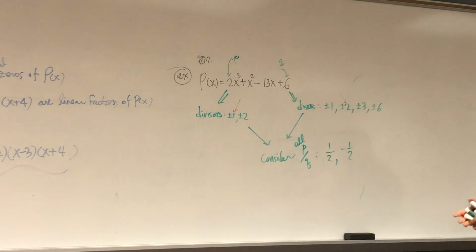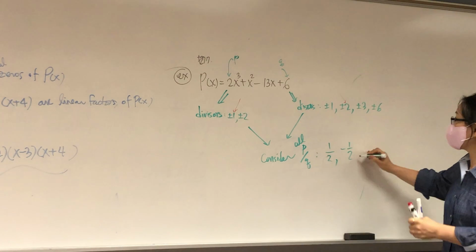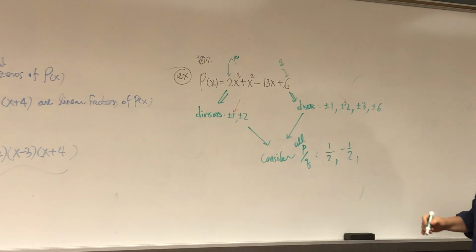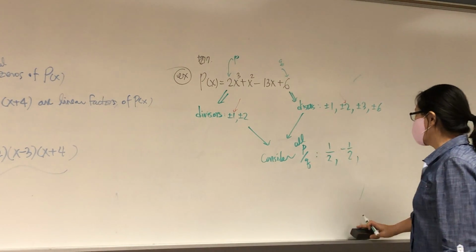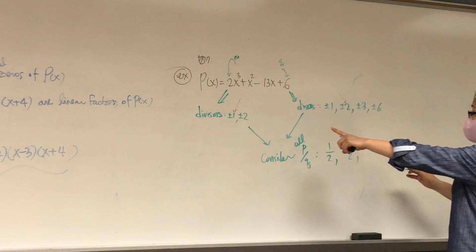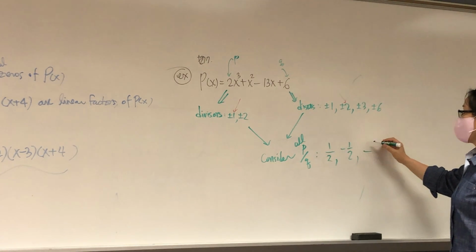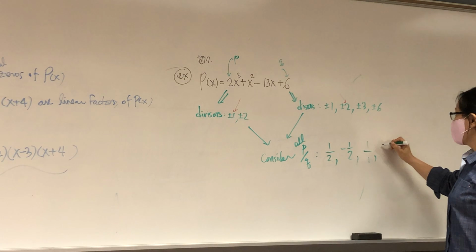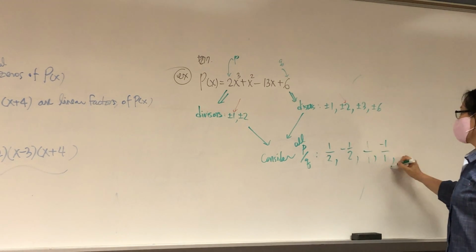I don't want to go through everything. Keep going: what is possible? Another one? Let's say 1 over 1 or negative 1 over 1.